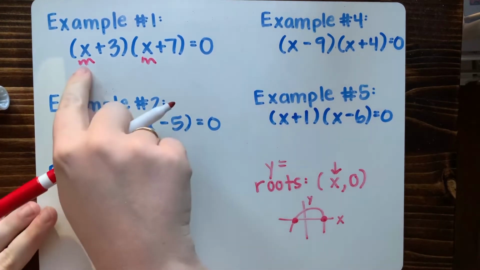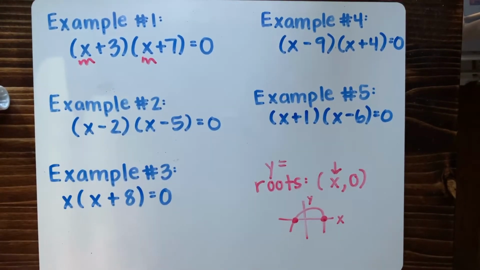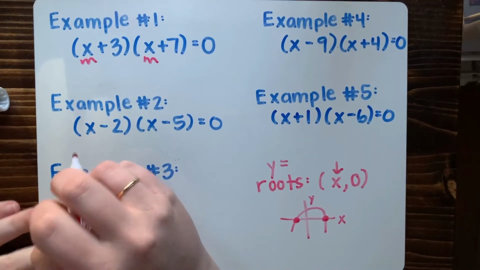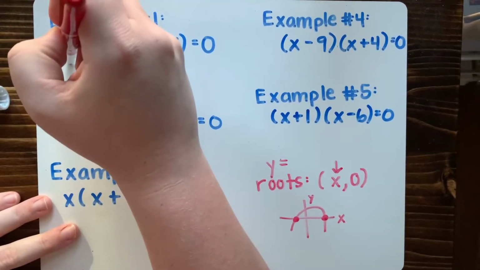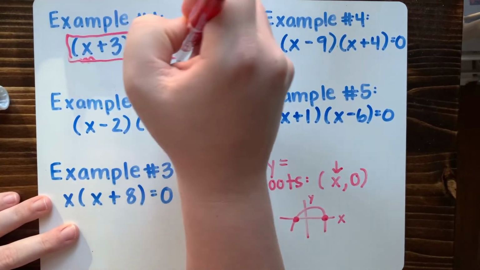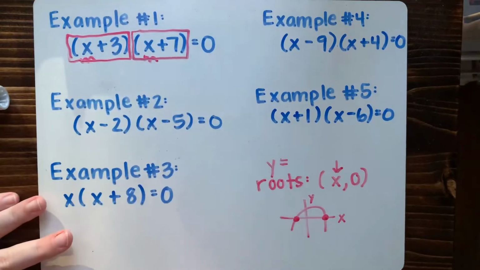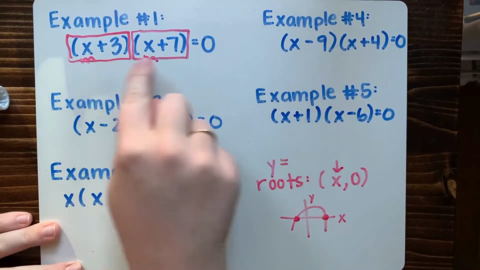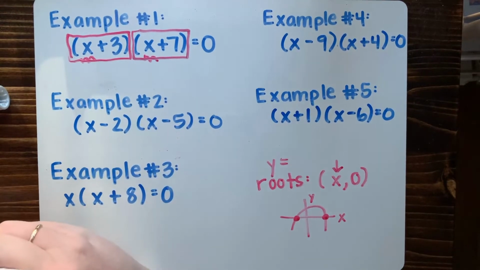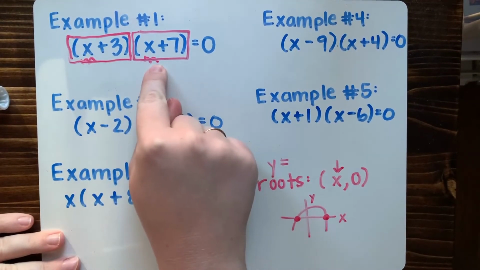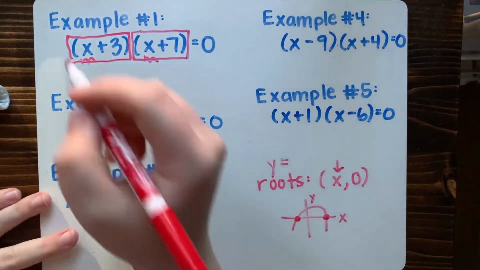Now we just have unknown numbers or variables there. So x plus 3 times x plus 7, we have these two pieces that are being multiplied together to get 0. The only way that you multiply two things and you get 0 is for one of them to be equal to 0. So we want to say, okay, what if x plus 3 is equal to 0? And then what if x plus 7 is equal to 0?